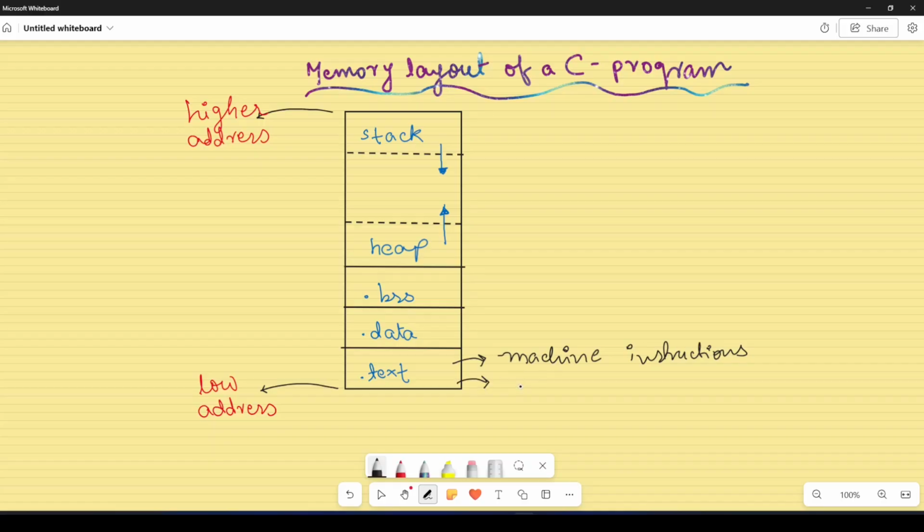This is where executable code is saved, all the functions, statements, and instructions that we write in the C code. Since we can't change the code, it should be read only. Read only means it will go into the flash memory, that is also called ROM, that is non-volatile, so it should be saved in the ROM.